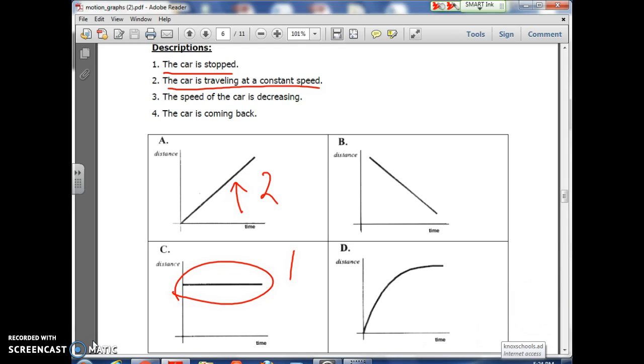Decreasing speed, well that's where you slope up and then back down, because you're slowing down. So that would be that guy. And then car coming back, well that's where if you started here, when are you getting closer to there? Well, this one's getting closer. They're not back where they started, but they're getting closer to back where they started. That is that.